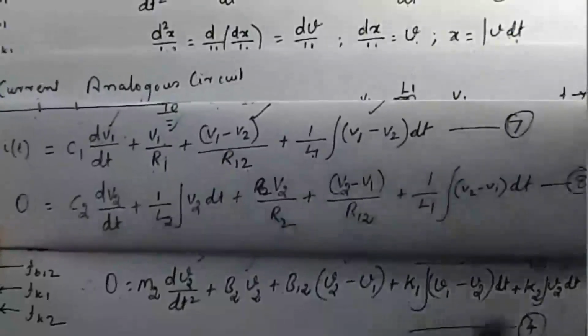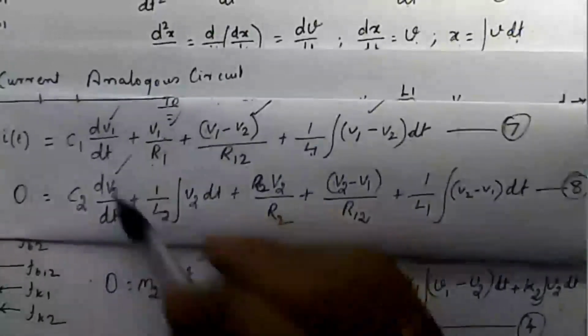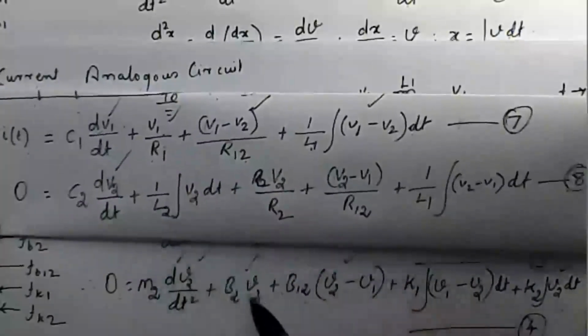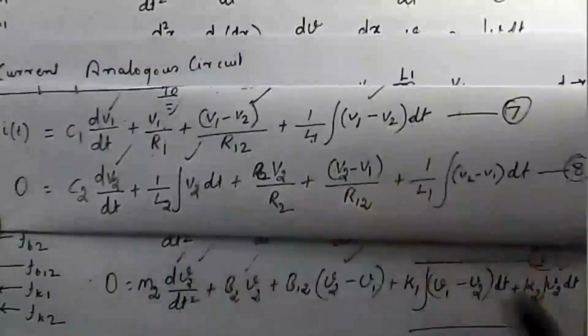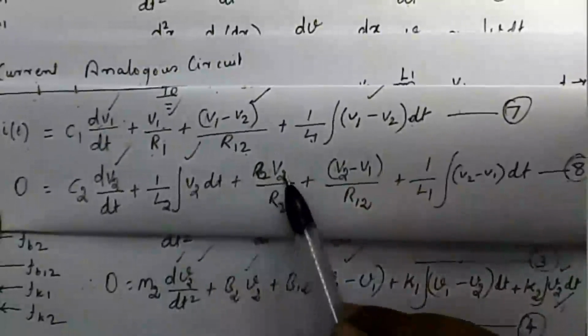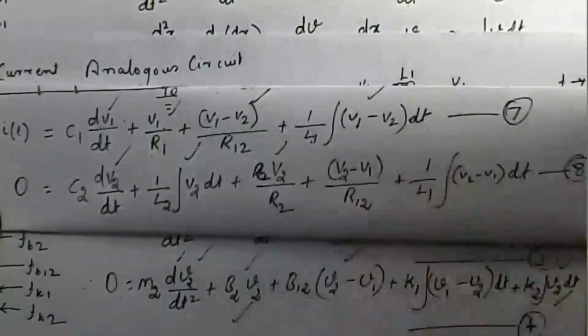Similarly, compare equation 8 with equation 4. Here the left side is 0. The first two terms are similar. Then the integral term L12, this term and the last term are similar. Then 1 by R1 into V2, here B2 into V2, this term is similar.